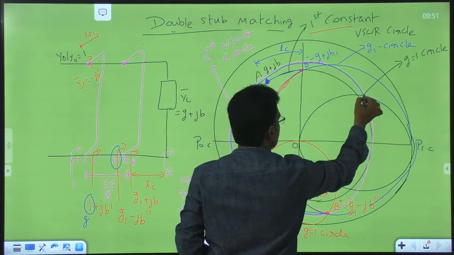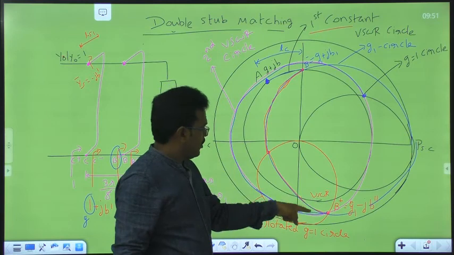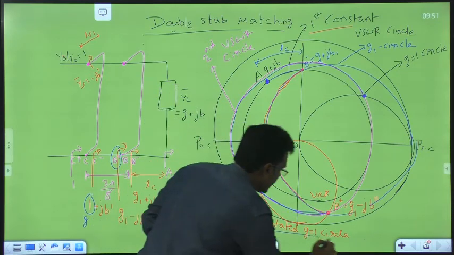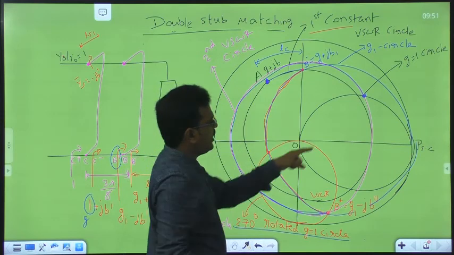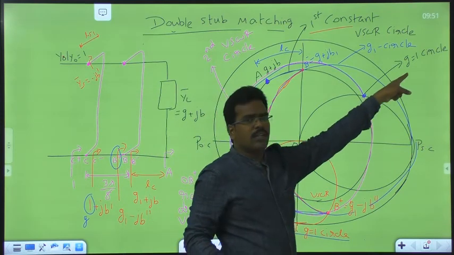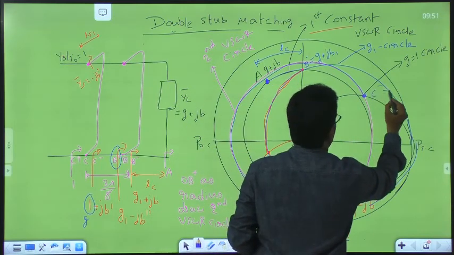Definitely it is going to touch here, because it lies on this 270 degrees rotated G is equal to 1 circle. If you travel a distance of 3 lambda by 8, it is going to touch the original G is equal to 1 circle. So this point is nothing but your C minus point.